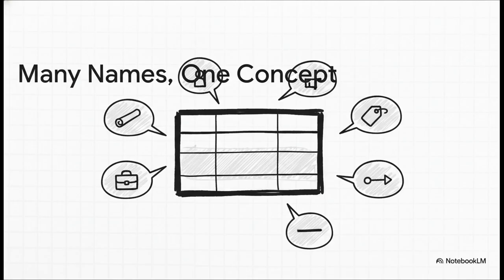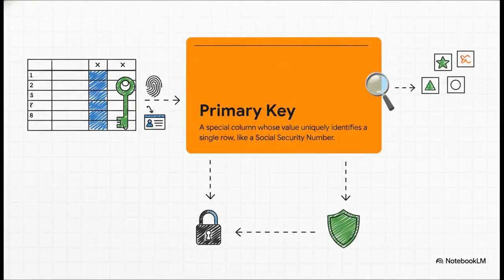Don't let it confuse you. They all mean the exact same thing, just one of those horizontal lines in the table. Now, inside that table, there's almost always this really important column called a primary key. The best way to think of it is like a social security number for your data. Its value is totally unique for every single row, and it makes sure we can always pinpoint the exact record we need, no confusion.